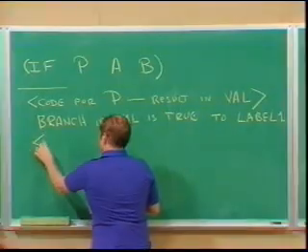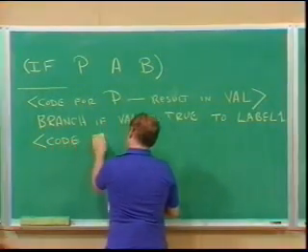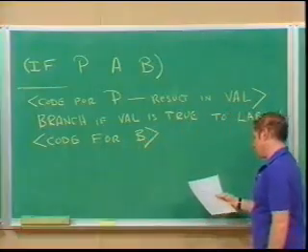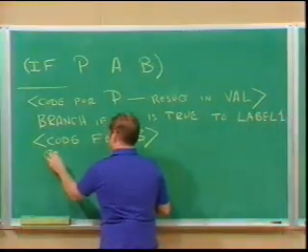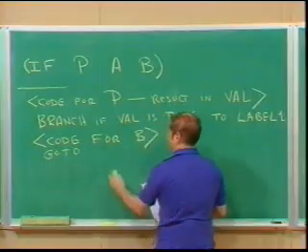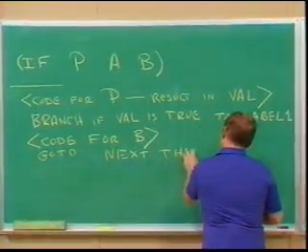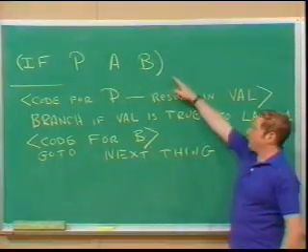Then we'll put the code for B. So walk the interpreter over B, and then put in an instruction that says go to the next thing, whatever was supposed to happen after this thing was done.